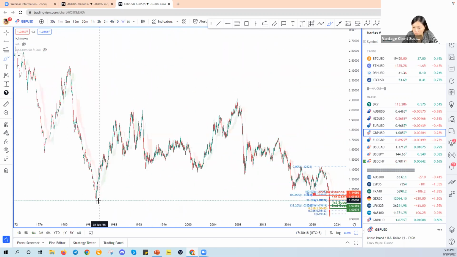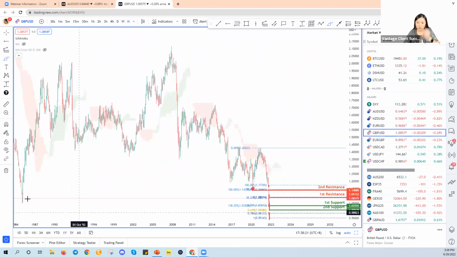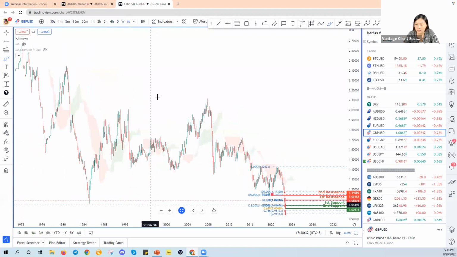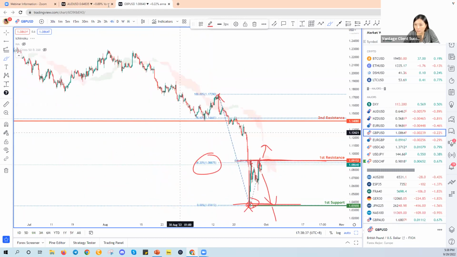Okay, if not, zoom into the weekly or even the monthly if you have to, because all the prices previously would have made an impact or would have been a gauge or a support resistance level for you to benchmark, right? So if you ever zoom in on a 4 hour or 1 hour or 15-minute and you can't see any benchmark or reference, you always zoom out to a bigger time frame. Okay, that's just the rule of thumb.